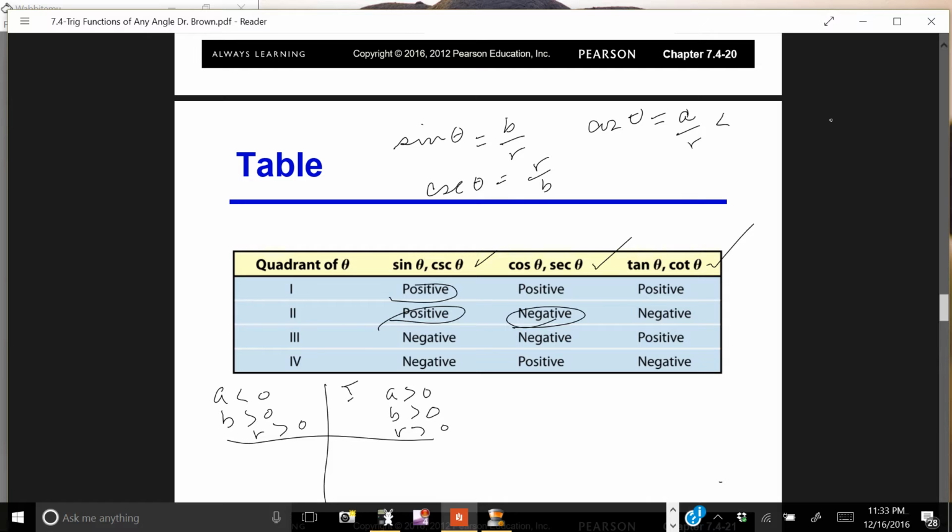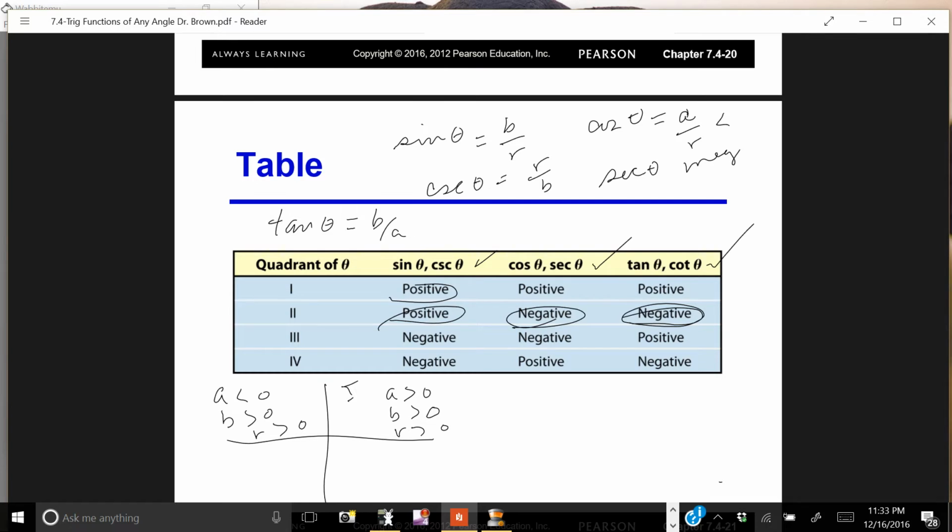That means the secant of theta, which is the reciprocal, is going to be negative. And then the tangent is going to be b over a. b is positive and a is negative, so the tangent is negative, and the cotangent, which is 1 over the tangent, is going to be negative too.